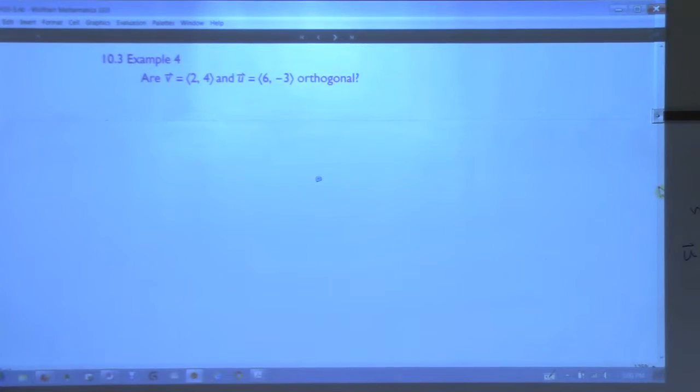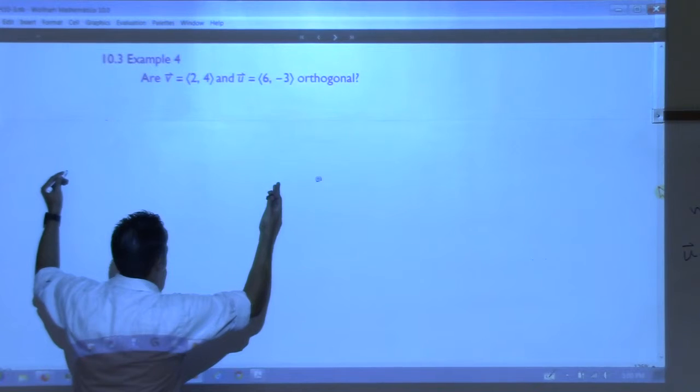If somebody hands you two vectors and asks you whether or not they are orthogonal, that means they are asking whether or not they meet at a right angle. Then what do you have to do to check? What would the dot product need to be? Zero. So all you have to do to check to see if two vectors are orthogonal is take the dot product. If the dot product is not zero, they're not orthogonal.